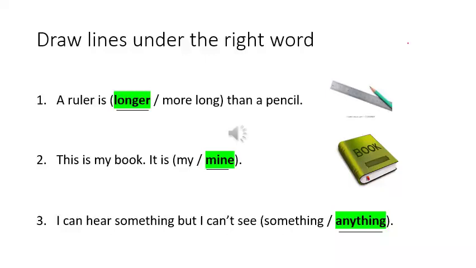Which are the two things? A ruler and a pencil. Which is longer? A ruler or a pencil? A ruler. So which is the correct option? Longer or more long? Longer. A ruler is longer than a pencil.